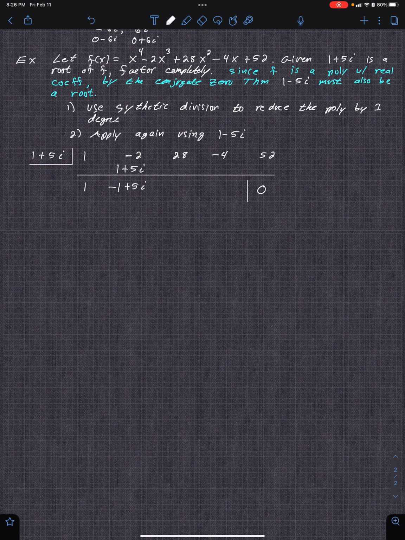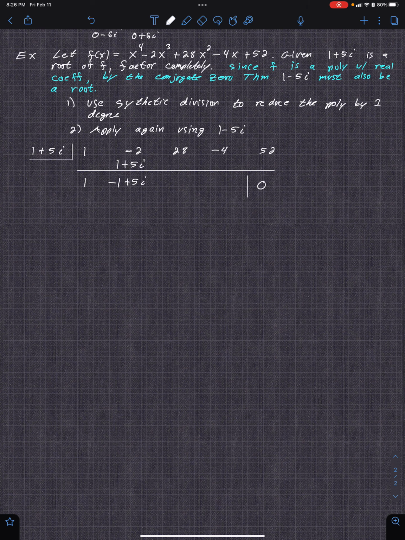You want to go to a scratch piece of paper or to the side and do 1 plus 5i times negative 1 plus 5i. Multiply that out. What you get is negative 1 plus 5i minus 5i plus 25i squared, which equals negative 1 minus 25, which is equal to negative 26. So when you multiply right there, you get negative 26. Then you add and get 2.